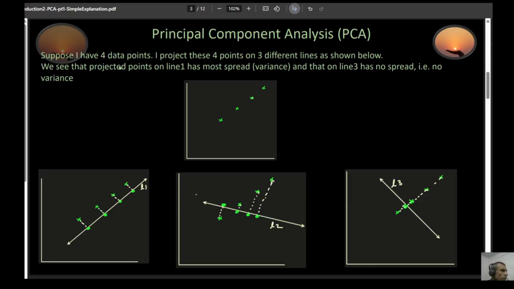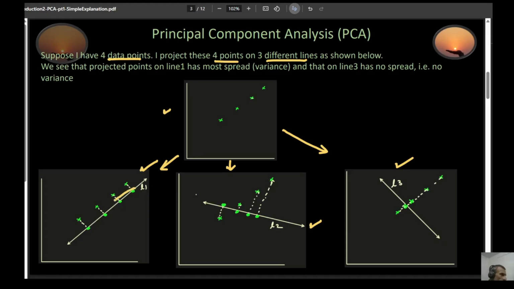Suppose I have 4 data points shown here, and I project these 4 points on 3 different lines as shown in this picture. So this is my line 1. I'm projecting my 4 data points on this line 1. I'm projecting these 4 data points on this line 2. And I'm also projecting these 4 data points on this line 3. And you can see that the projected points on line 1 have the most spread.